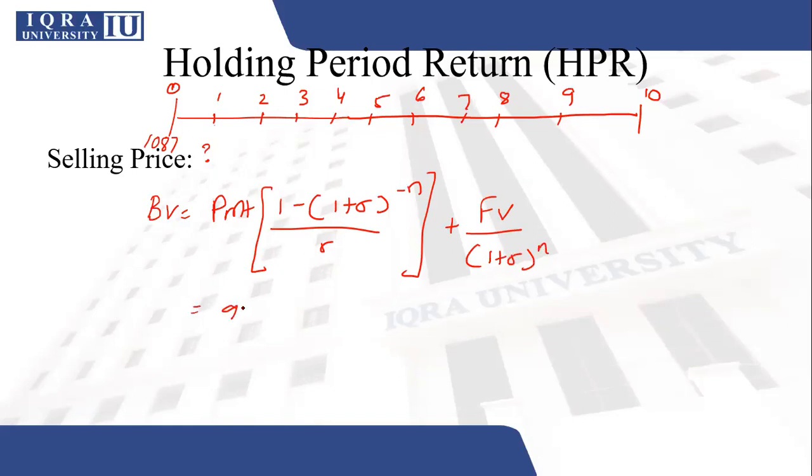The coupon payment is still the same, 93. That is not going to change. The interest rate is also the same because it was said that the yield curve is flat and will not shift. So this is going to be 0.08.